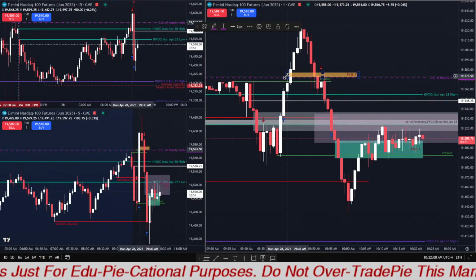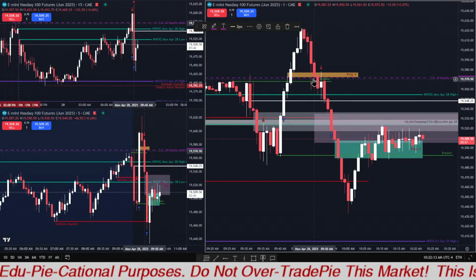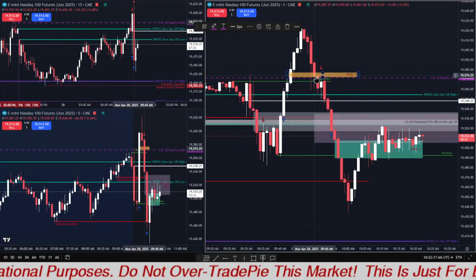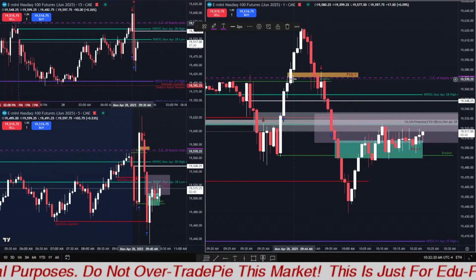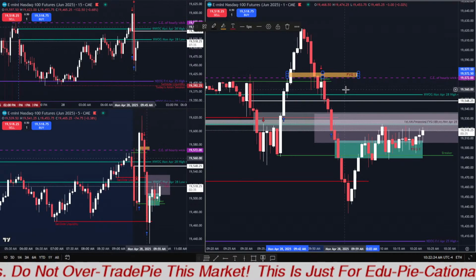So I consider this fair value gap, as this candle reached and closed inside it, as one that should act as an inversion fair value gap.